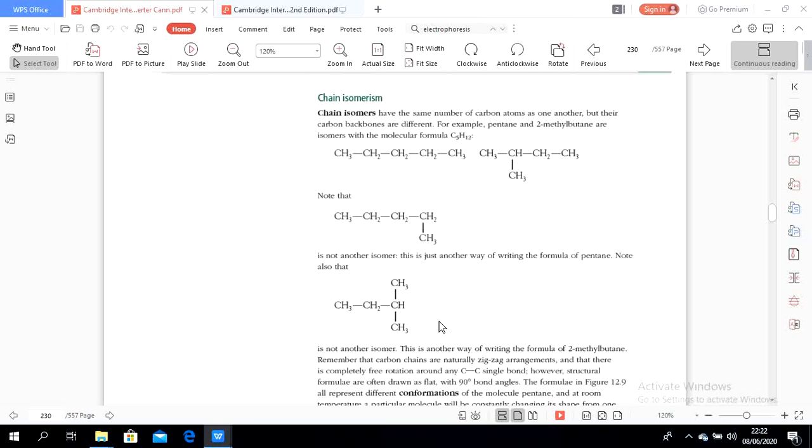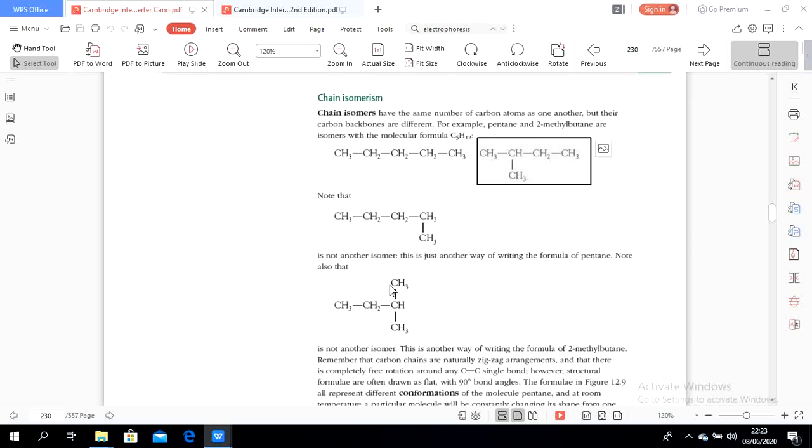Note that this one also is not another isomer. This one is the same structure as this one. Why? Because here the CH3 is next to the CH on the side, but here the CH3 is on the top part of the CH.